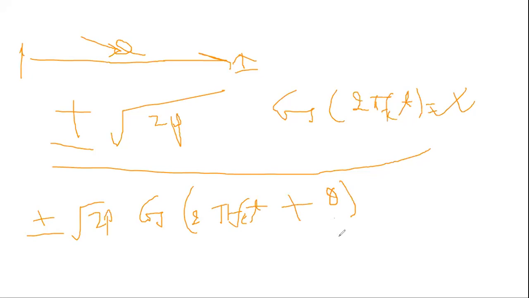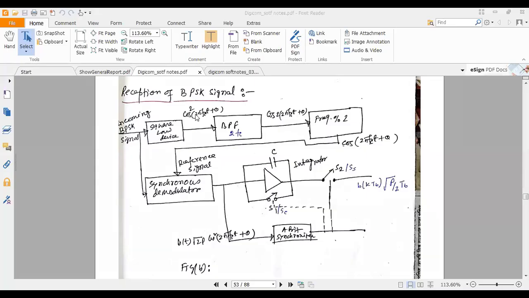It's a phase error. So that's why in the reception signal there is cos square 2 pi fct plus theta.